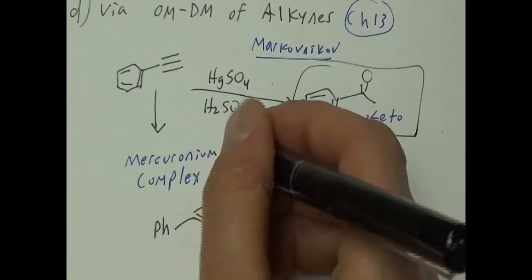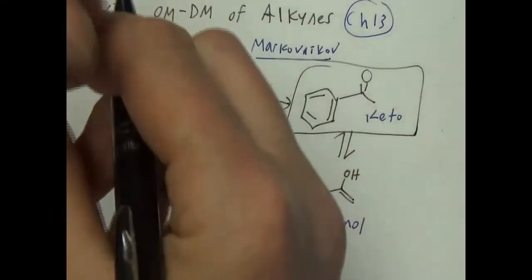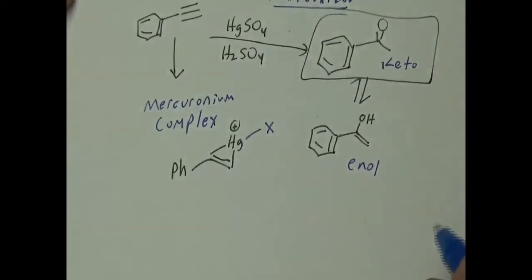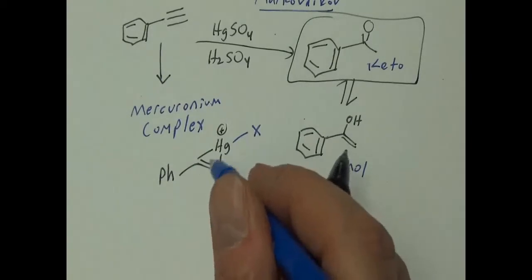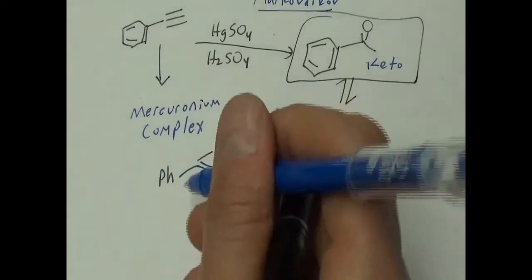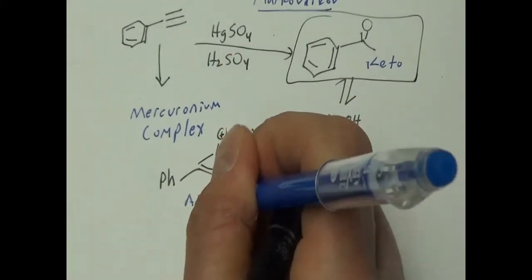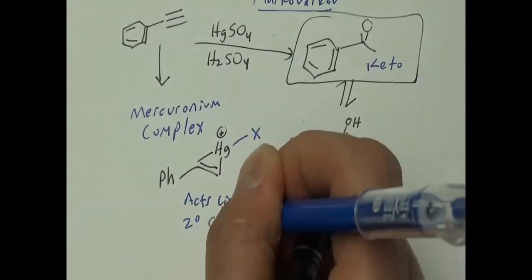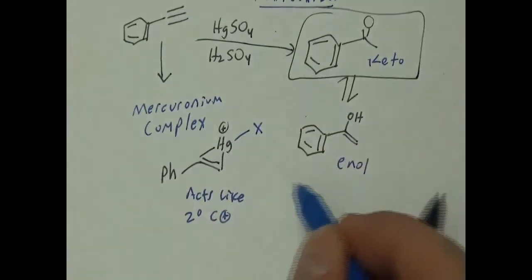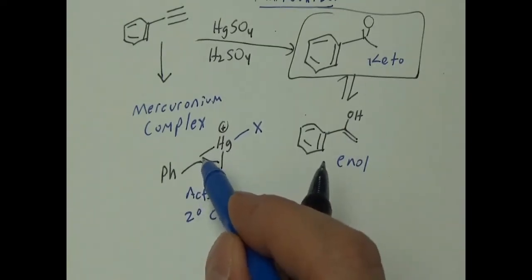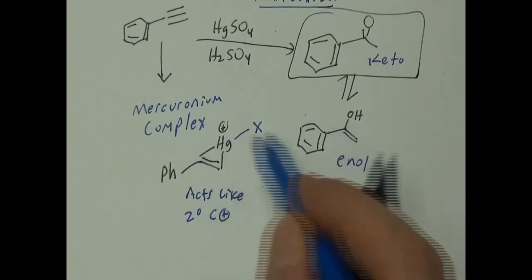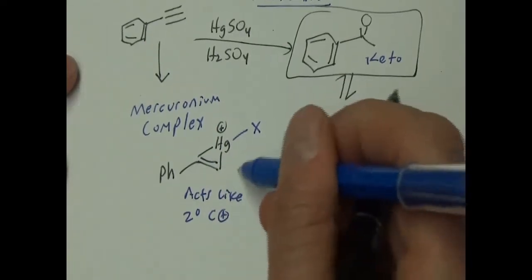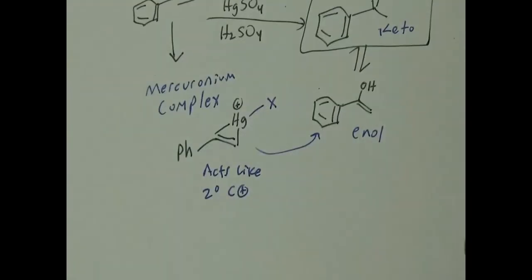I kind of drew it this way, plus charge with the X group on it, and then essentially that was electrophilic, acts like a secondary carbocation. So water would attack that side, which is where the oxygen came from, open it up, and then the mercury gets lost. Okay, that's all chapter 13.